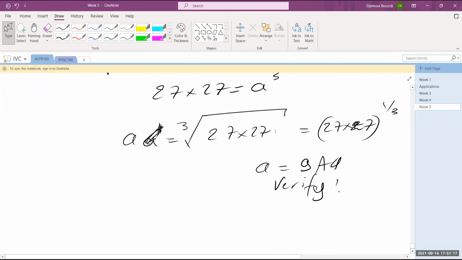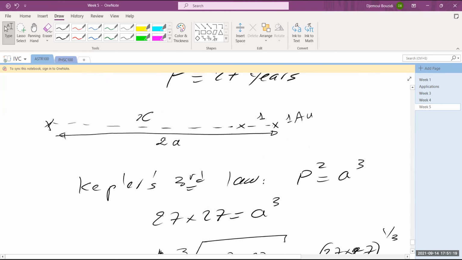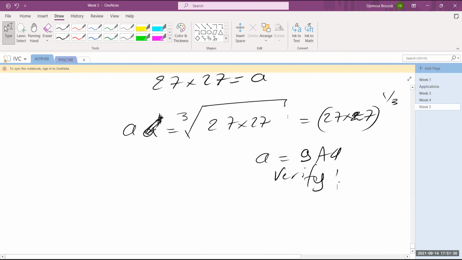So we found A to be 9 AU. We need to say that 2A is x plus 1, because this is x. We don't know how far it is when it's at its furthest point, but we know its closest point is 1 AU. So x plus 1 AU is equal to 2 times 9, or 18 AU.